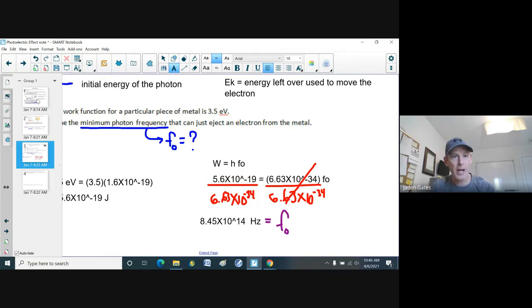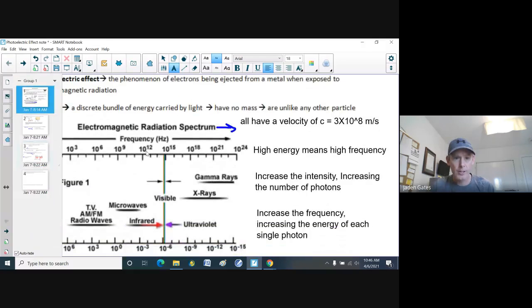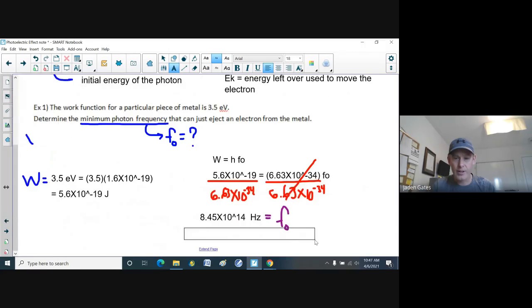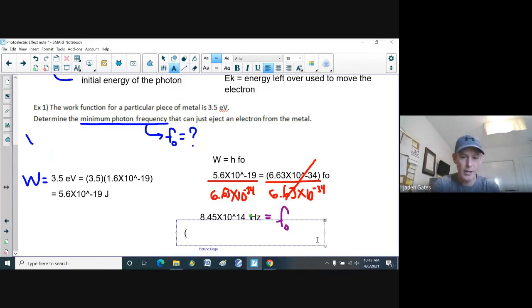Now, if I go back to my original table, we have 10 to the power of 12 and 10 to the power of 15 just by here. So 10 to the power of 14 is right in here by visible light, but I can tell you for a fact that this is actually ultraviolet light.